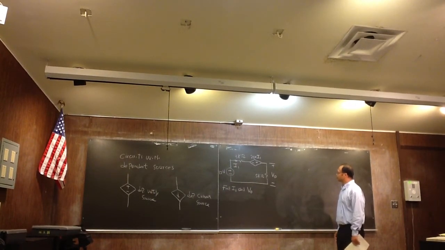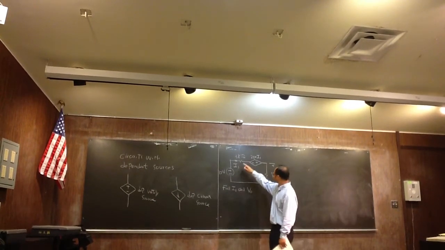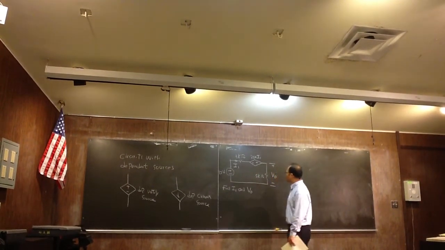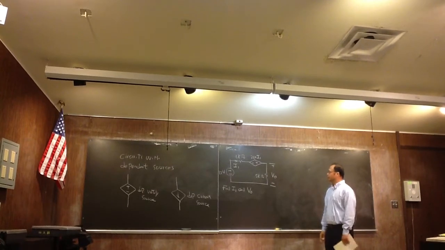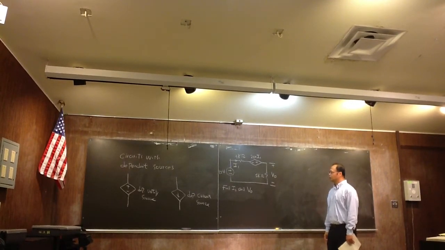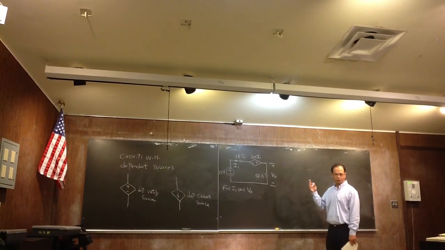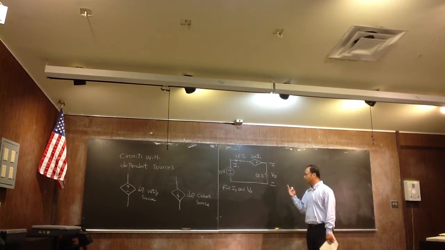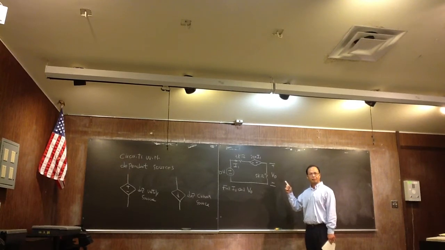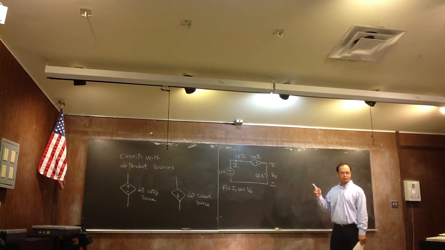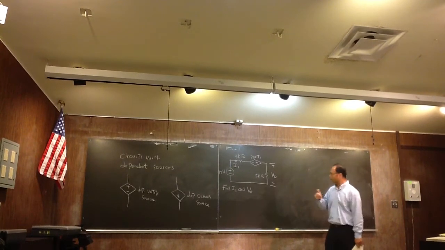How do we get started? Well, this is a single loop, right? And when you see a single loop, the best way to do it is to use the KVL, the Kirchhoff's voltage law. According to KVL, the sum of voltage rises and drops equals 0.